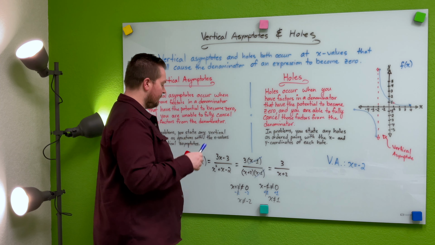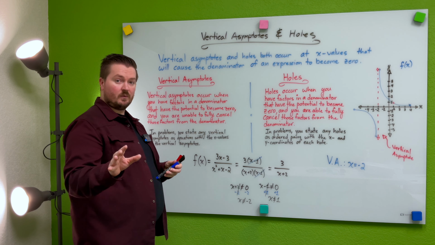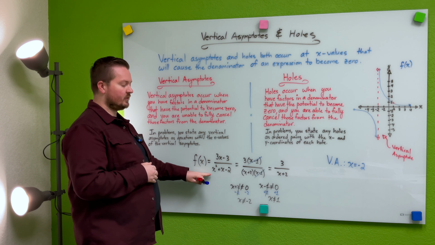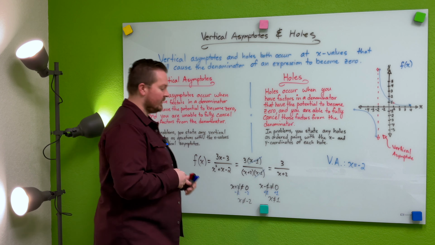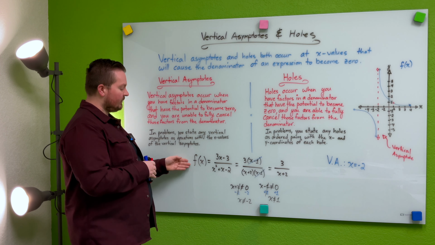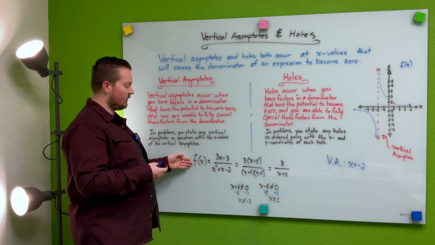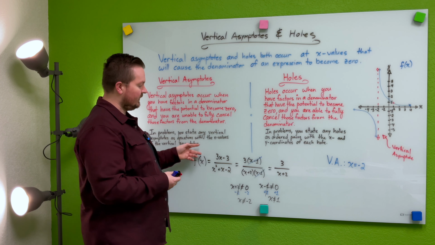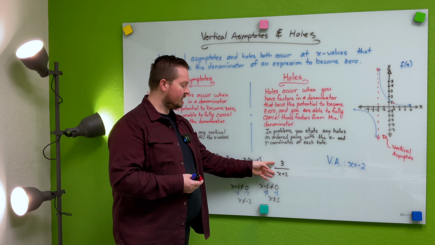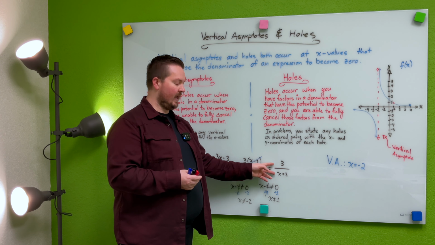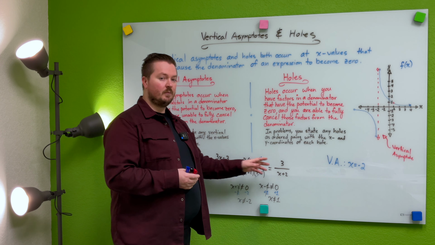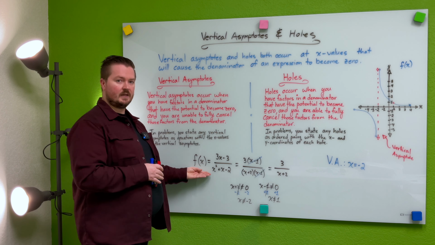So what we can do here, we remember in this original function we're not allowed to plug in x equals 1. Since we were able to transform or simplify this function into a simpler version, this particular version we are allowed to plug x equals 1 into. But just remember, for the original, we're not.